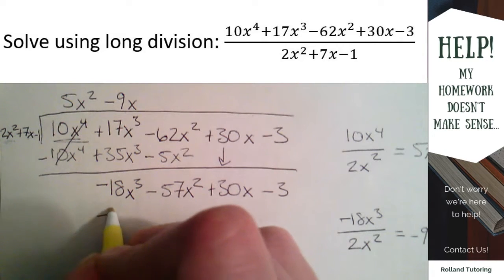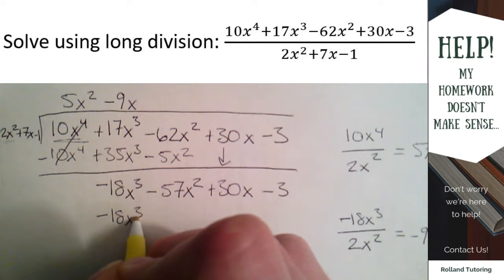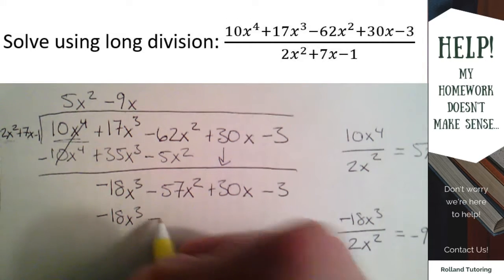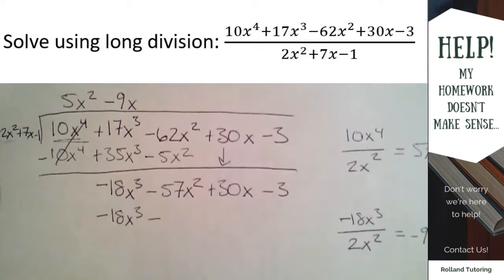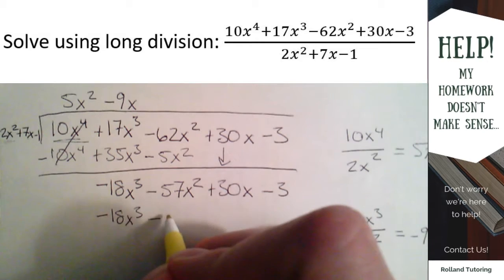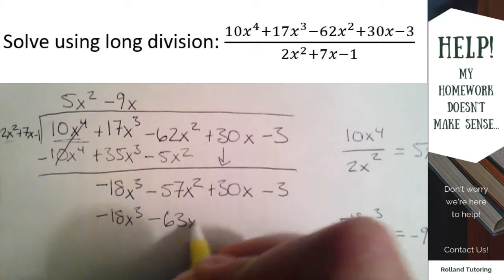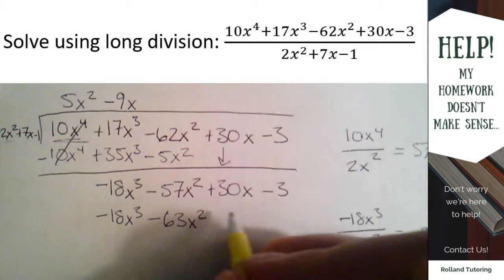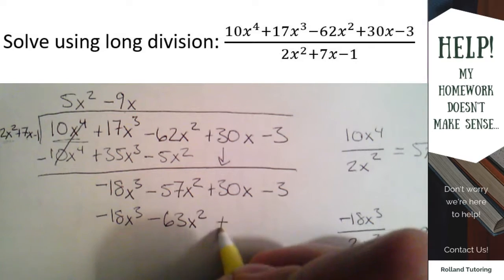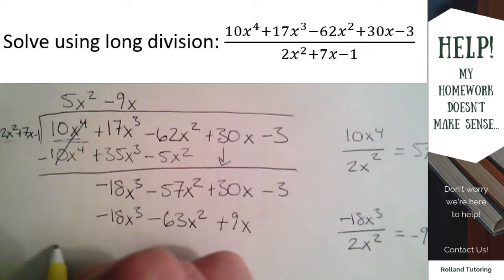So we will get negative 18x cubed minus 9 times 7 is 63. So minus 63x squared minus or plus 9x.